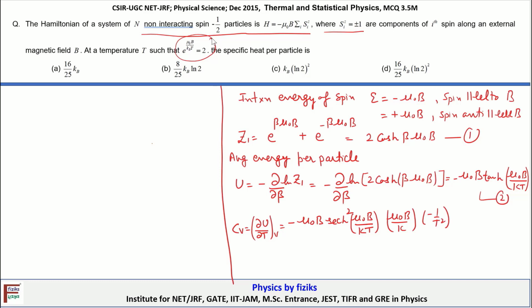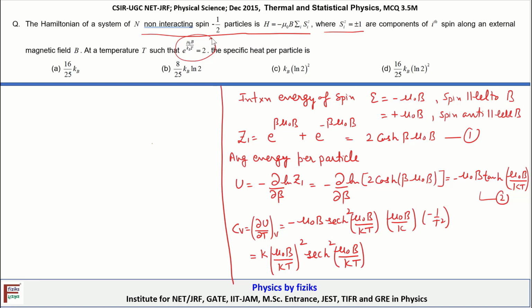After rearranging all the terms, minus and minus will become plus, k (mu naught B upon kT) whole square, and then sech squared (mu naught B upon kT).